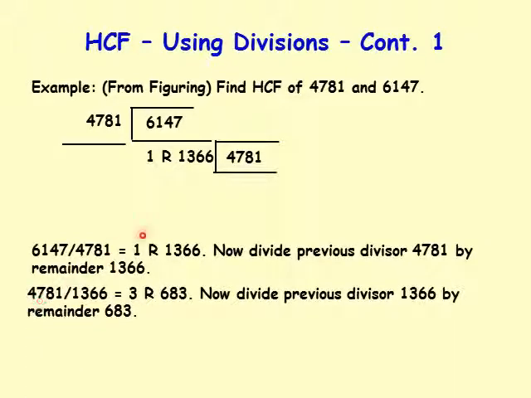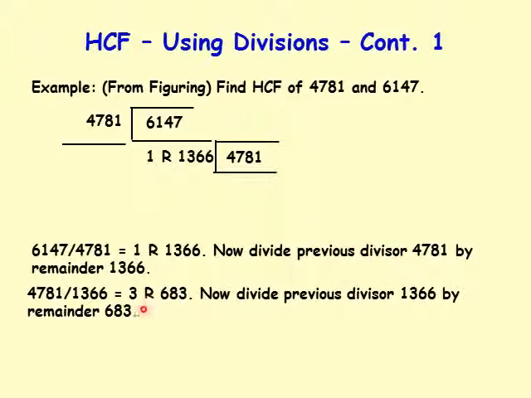So now we're going to divide 4781 by 1366, and I got 3 remainder 683. If you need time to think about it and work it out, please do. Let's continue from here. Now divide the previous divisor, which is 1366, by this new remainder, which is 683.